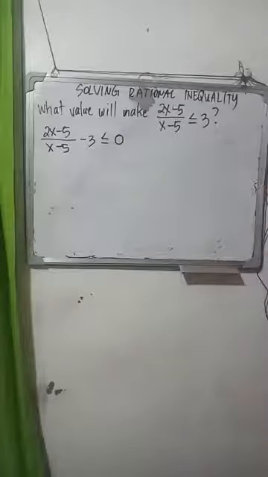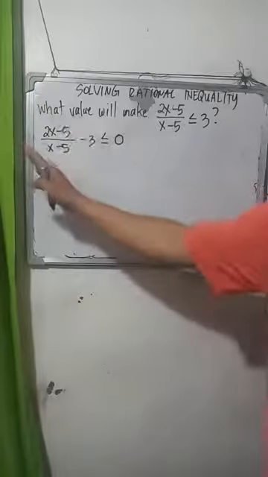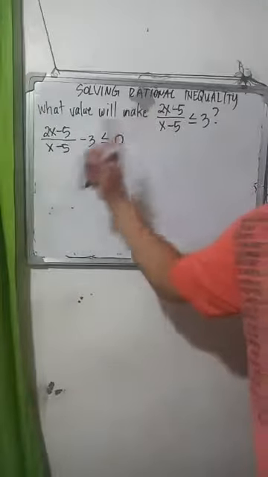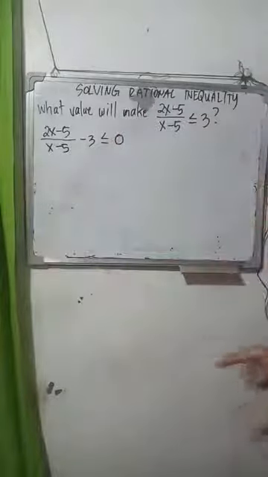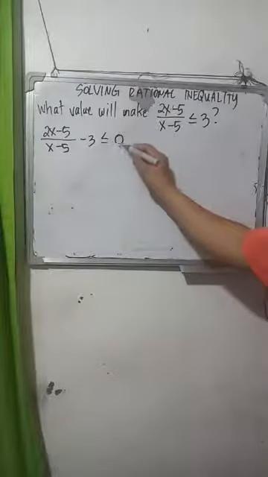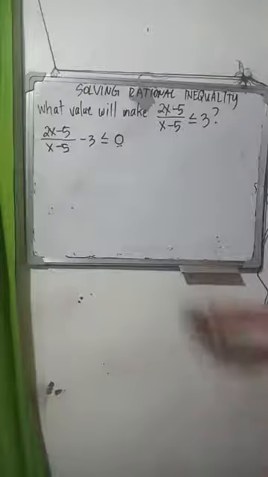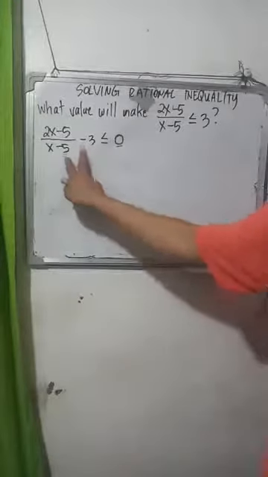Rule number 1. The left side of inequality is composed of a single rational expression, and the right side of the inequality is equivalent to 0.